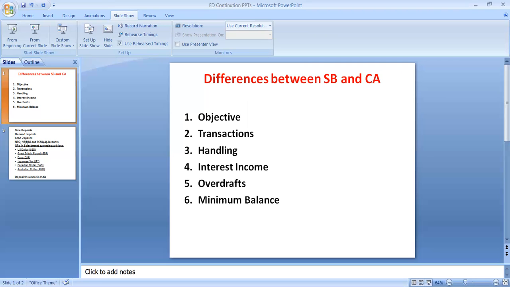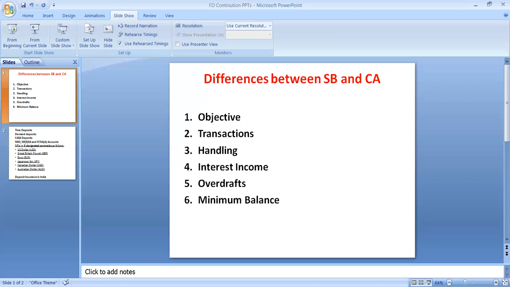However, no frill accounts require either nil or low minimum balance to be maintained. So no frill account, there is no minimum balance. But other than the no frill account, definitely requires minimum balance in the account. And if you want checkbook, you have to keep more amount as minimum balance.